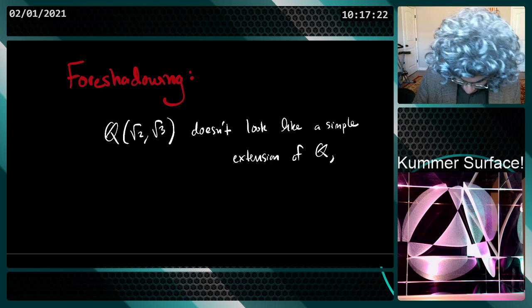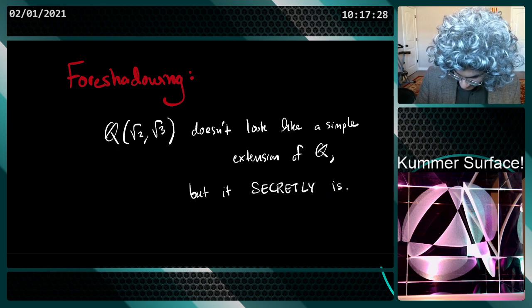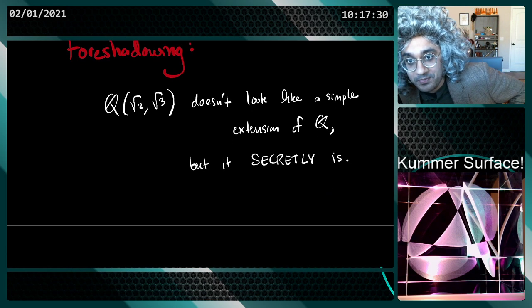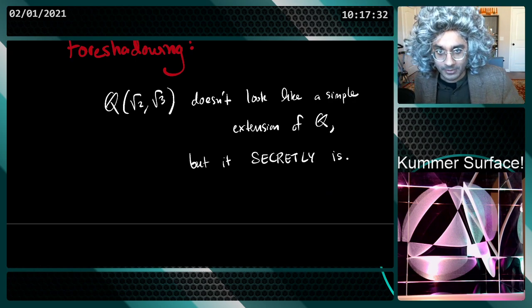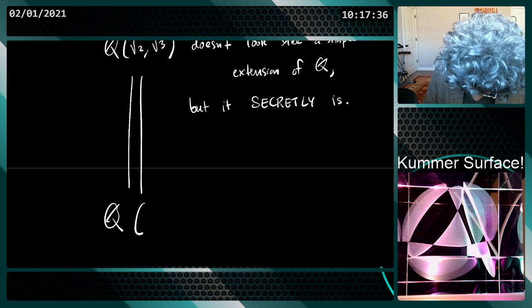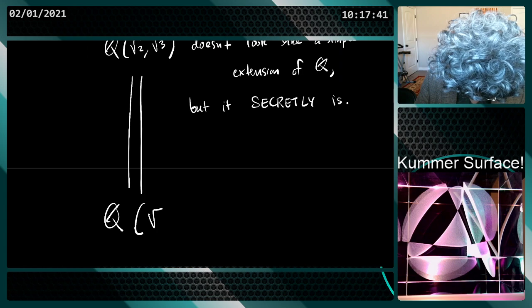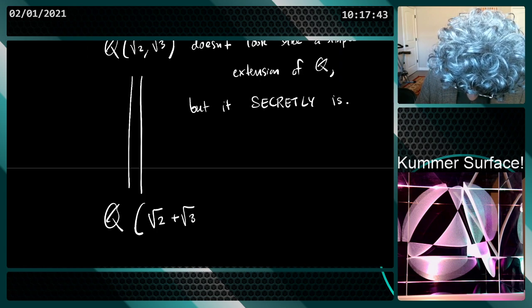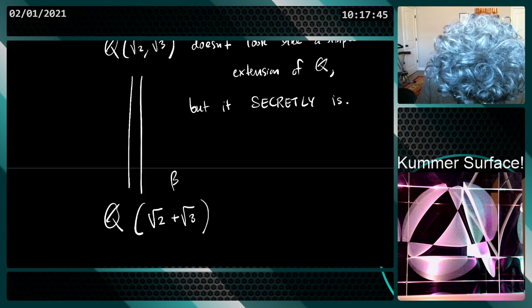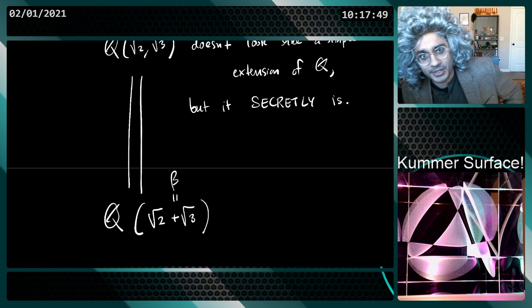But it is. In fact, this field is the same as the following field. Q adjoin one number. Let's call this beta. These are the same fields.